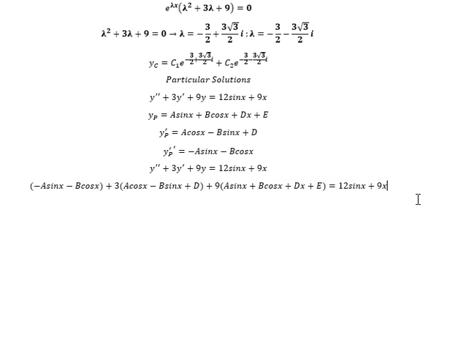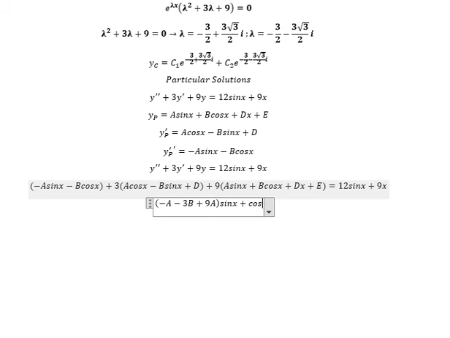Now we need to arrange based on the terms of sine x, cosine x, and the value in here. About sine x, we have negative a, negative 3b, and plus 9a.